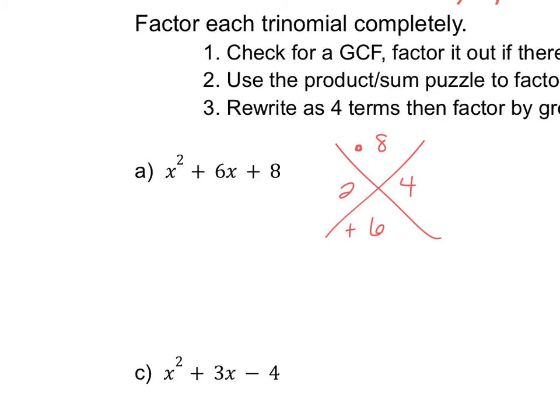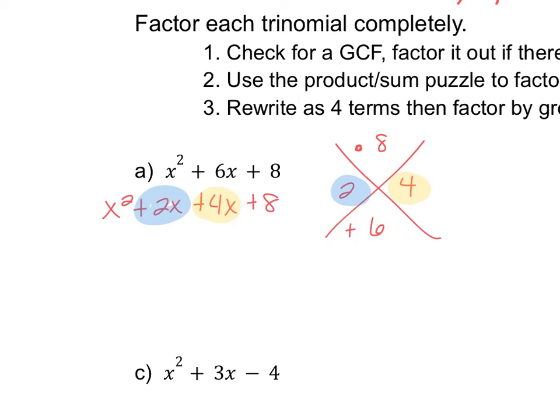So 2 and 4. Let's rewrite this now. We're going to have x squared plus, and it doesn't matter the order you write the 2 and 4, but I'm going to write it this way just because. I'm going to put the 2x right there, and then plus 4x, and then just bring down that plus 8.